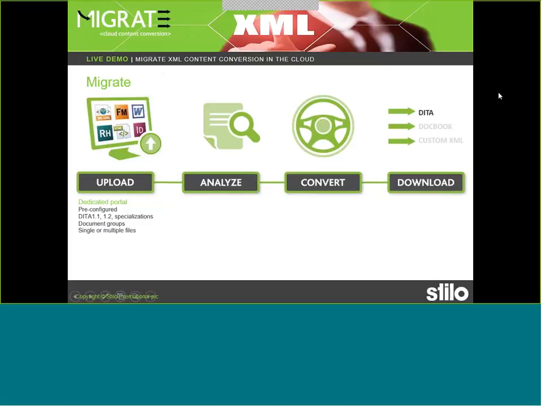And then you can upload documents, whether they're single documents or multiple files. We can implement pipelines for document groups as well. And you would upload your document to the portal, where it gets analyzed. Basically we do a character count as well.